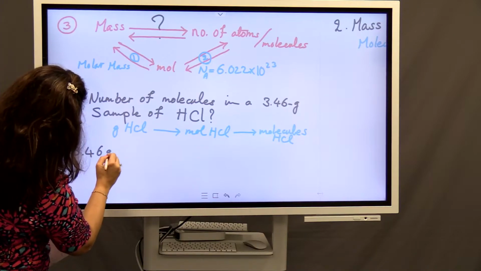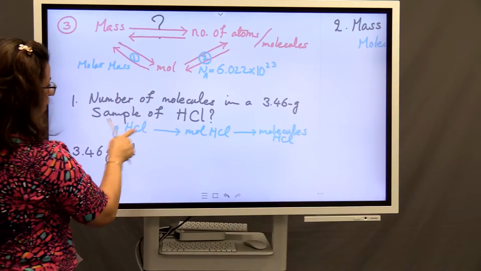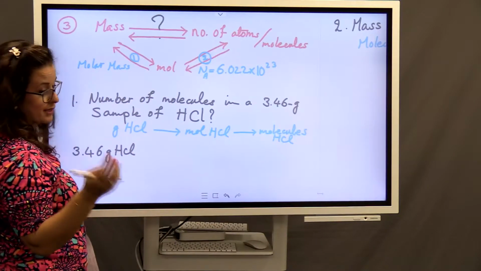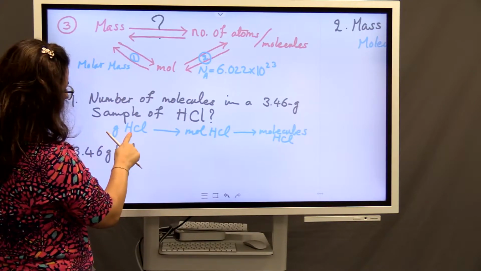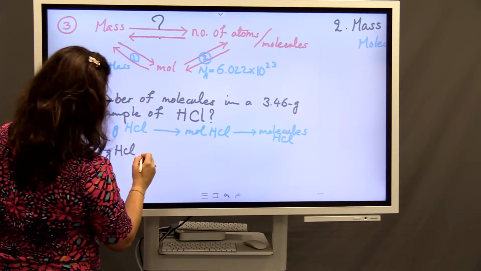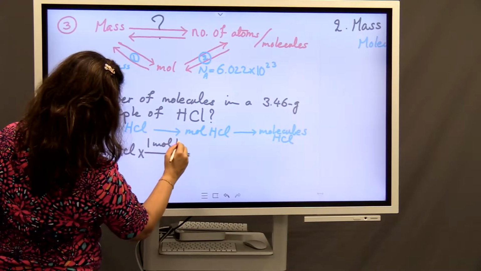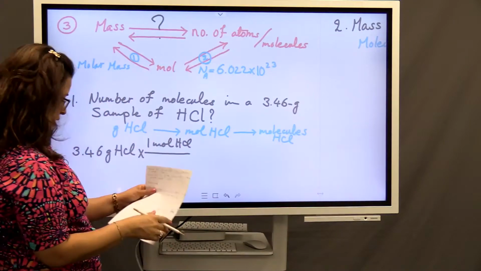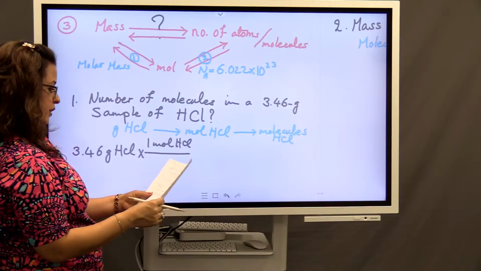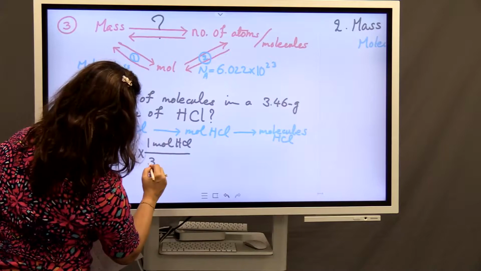3.46 grams of HCl. First step is to change grams to moles. How? By using the molar mass. 1 mole of HCl, if I'm not wrong, is 36.5 grams.